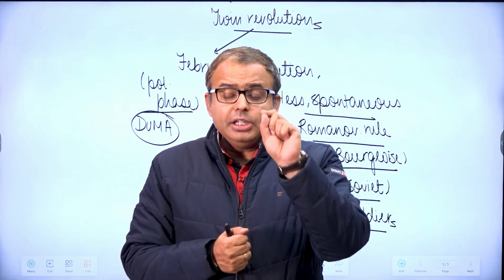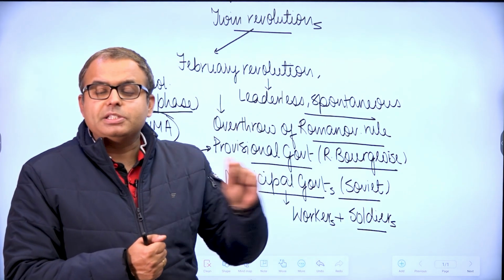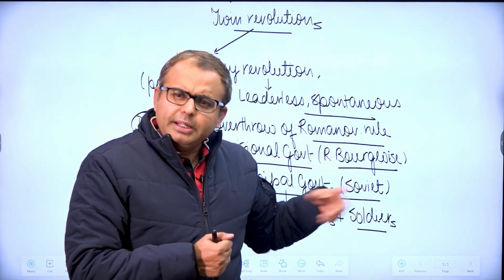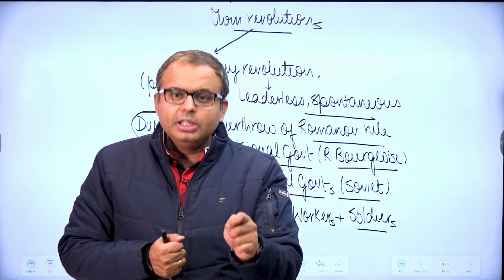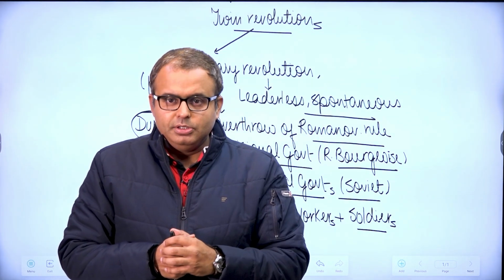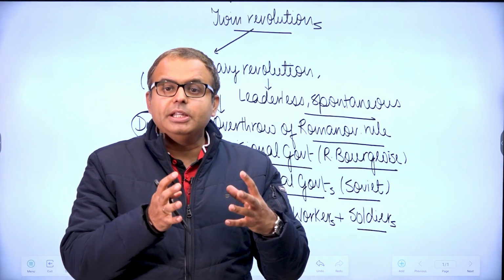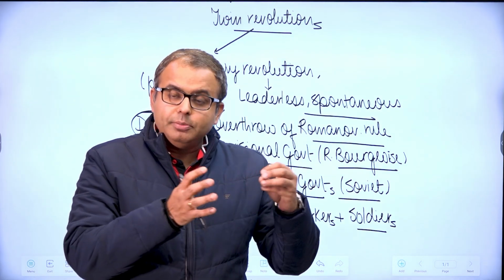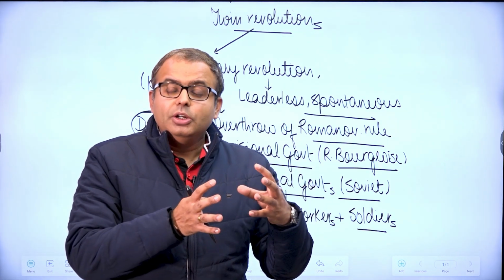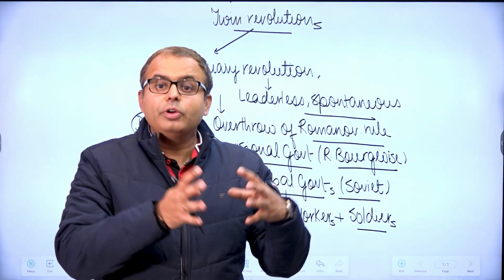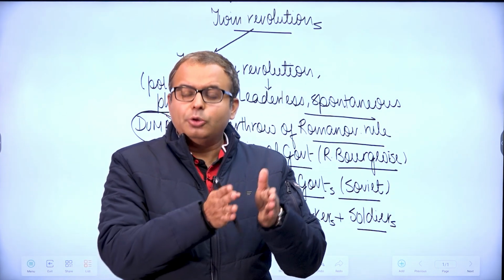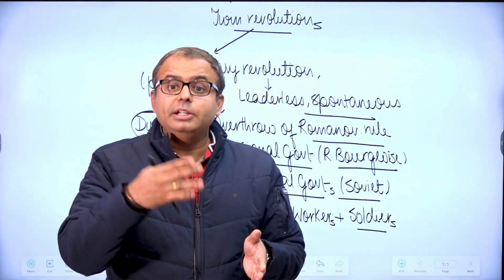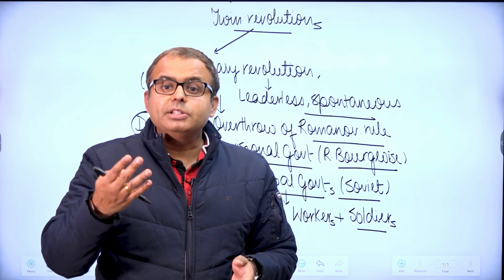And Lenin had a very critical view of Russia's participation in World War I. Lenin had clearly said that this war is a war of colonial and industrial powers. The reason why Germany and Britain are fighting, the reason why Germany and France are fighting, is because of their material interests, which are overlapping and also contradicting. Whereas Russia is neither a colonial power nor an industrial power. It has yet to emerge as an industrial power.